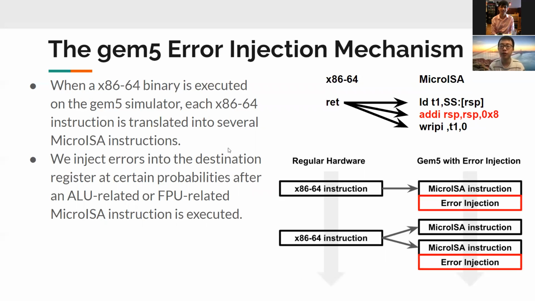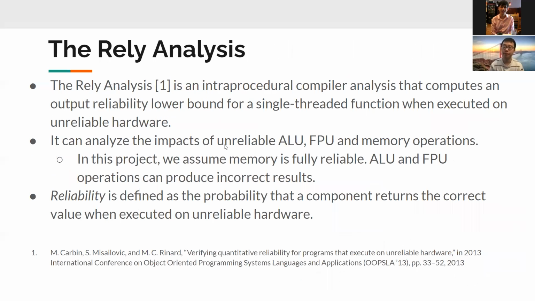The instruction is translated into a load, an add, and a write instruction pointer. If the ALU is unreliable, after the execution of the addition of RSP, an error injection can happen. So the flow graph is shown at the bottom right.